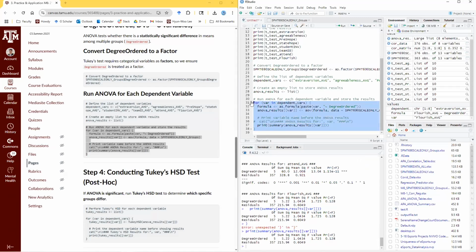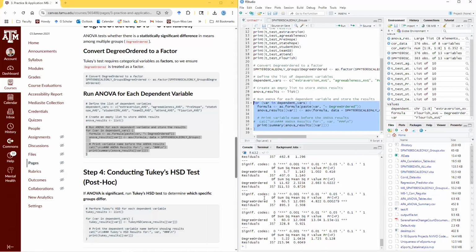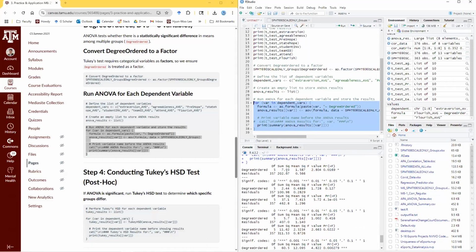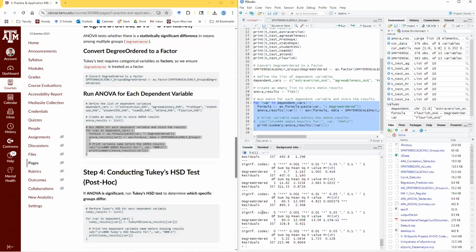So if I would run this ANOVA without this command, then it will just show me the 8 ANOVA results, right? So I don't know which table is showing which variable.